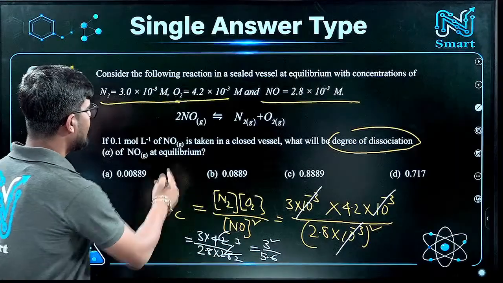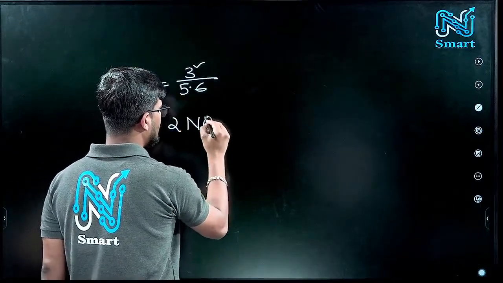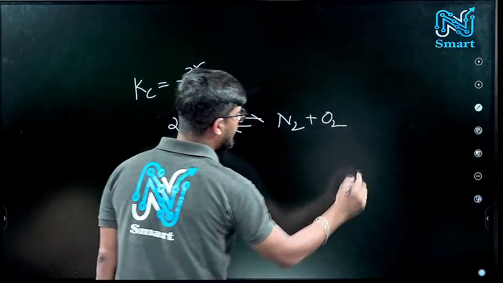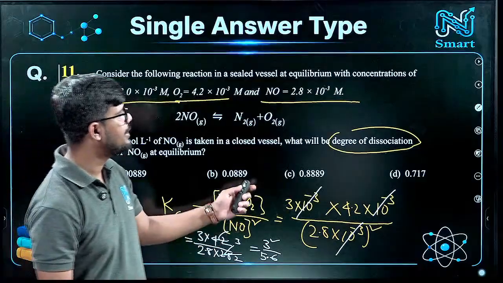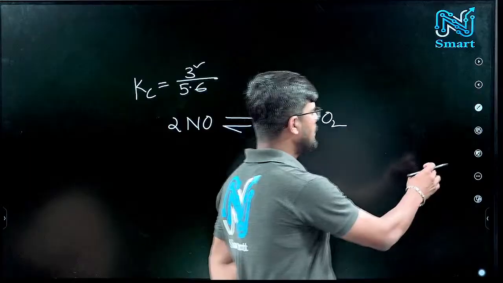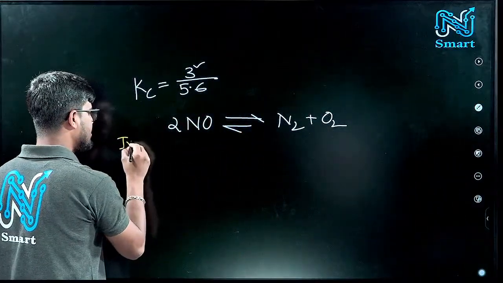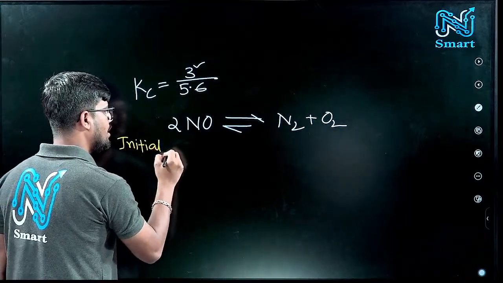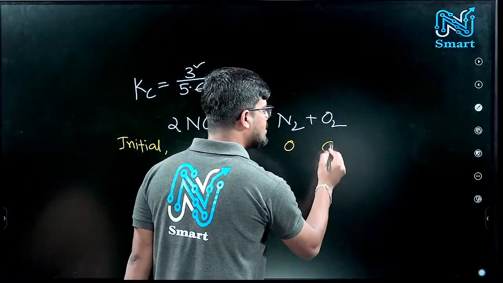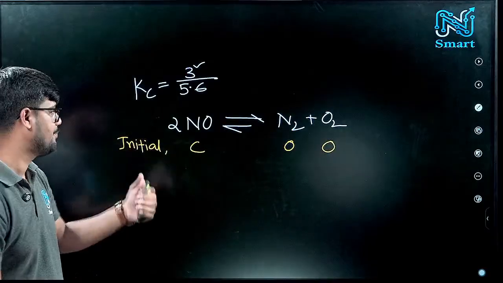Now again, we have to write the same equation, 2NO to N2 plus O2. This is our equation. We have to find out the degree of dissociation. Now just one concept we have. Let's consider at initial stage concentration of NO is C, and since the reaction didn't start, the other two concentrations are 0.